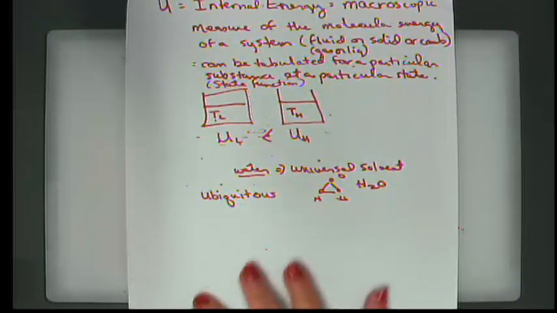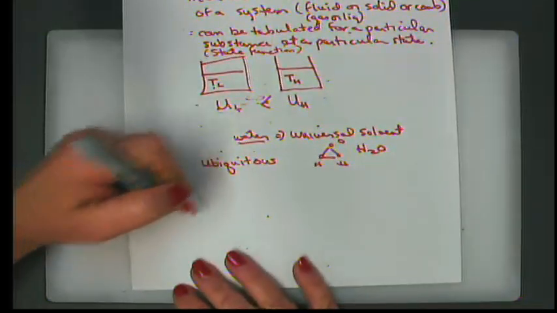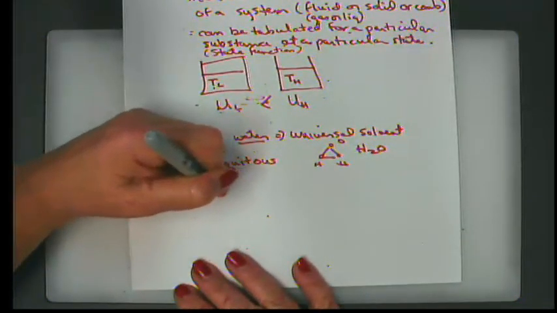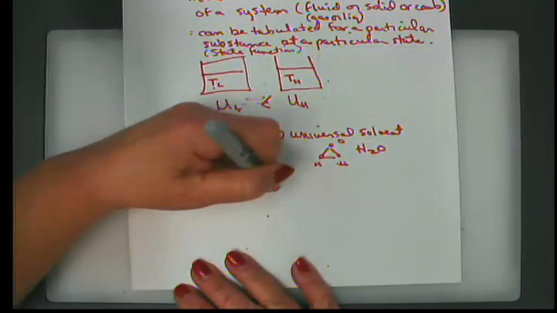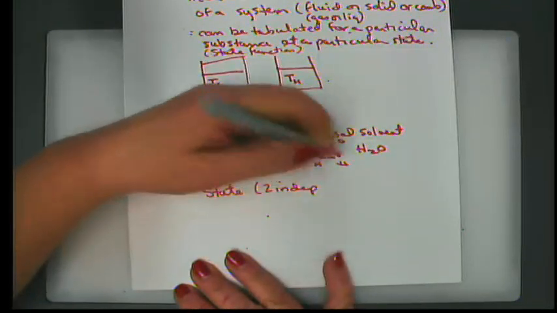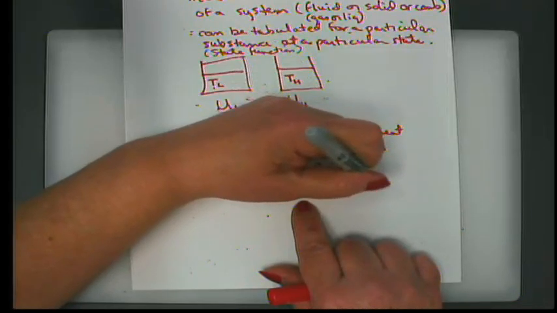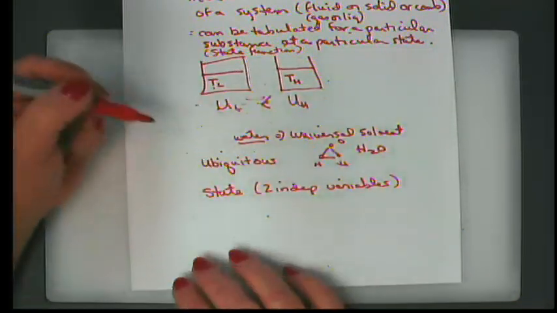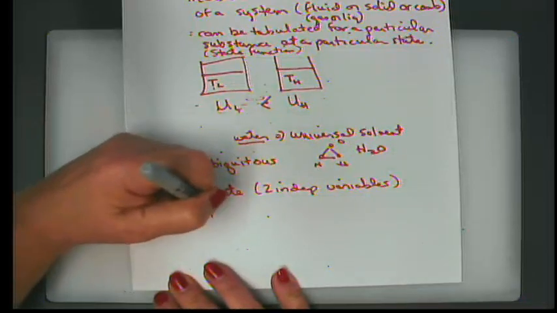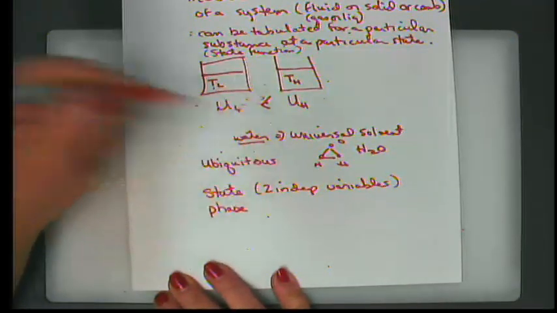But water exists in several states. And state really refers to any 2 independent variables. And so when we think about water changing from what we might call one state to the other, what we're really talking about are phases.